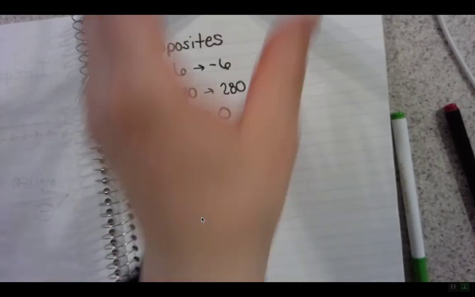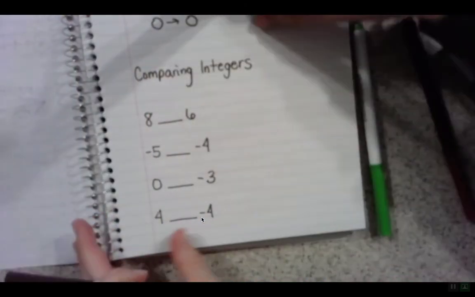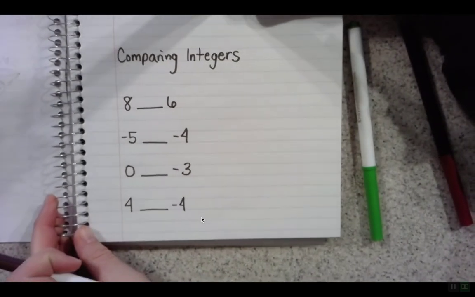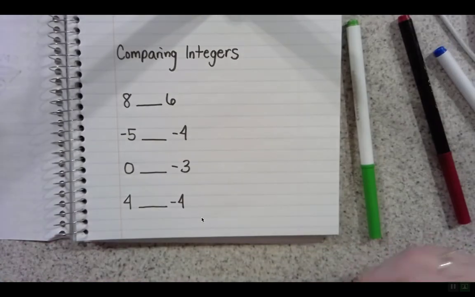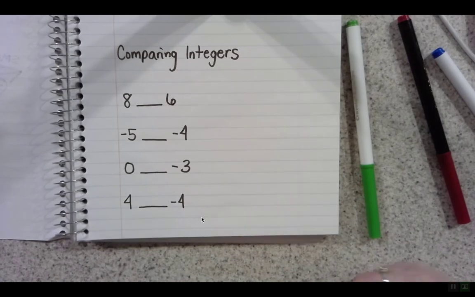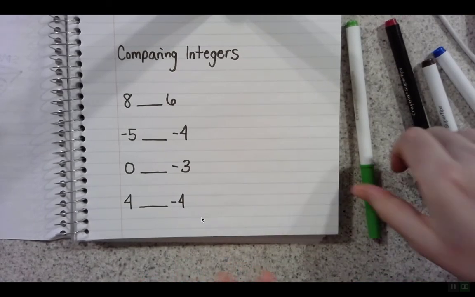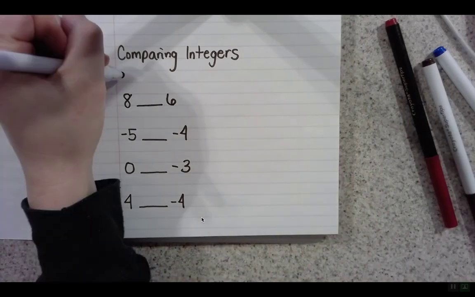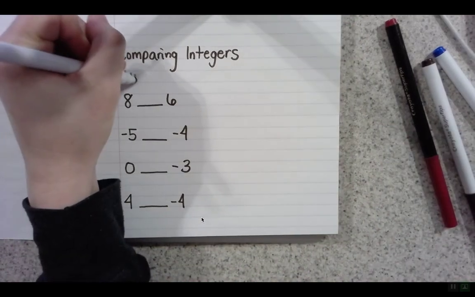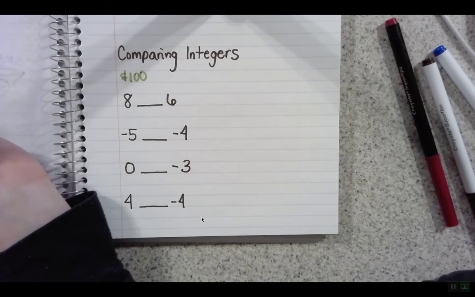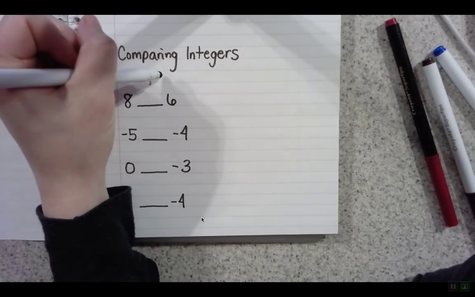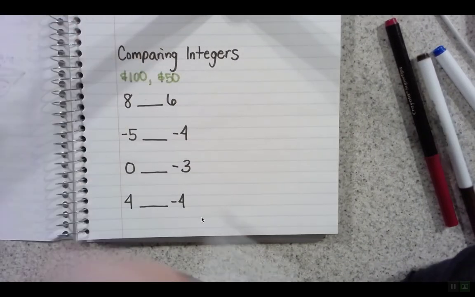To finish this lesson, we're going to be comparing integers. So it's important to understand how numbers compare to each other. For example, if you have $100 in the bank, that's more than having $50 in the bank.